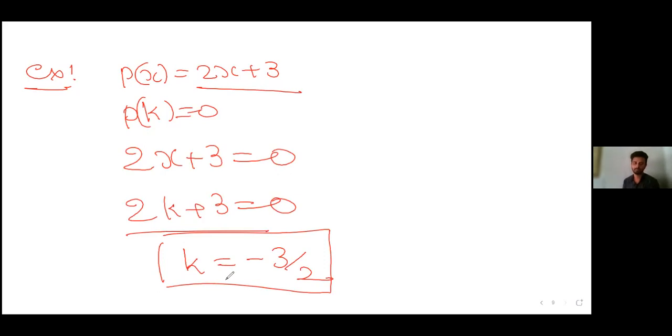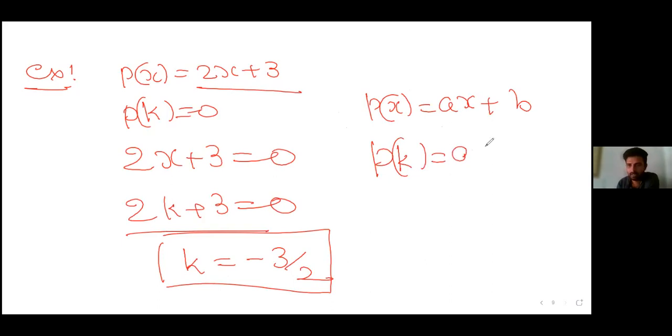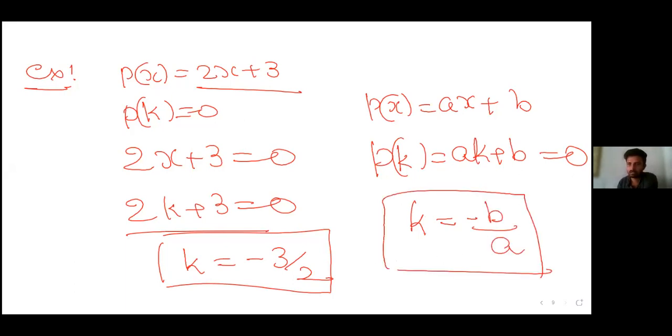Right? And generally, if k is the zero of p of x of the form ax plus b, then p of k is equal to ak plus b, which is equal to 0, or I can write k is minus b by a. So this is the general form.